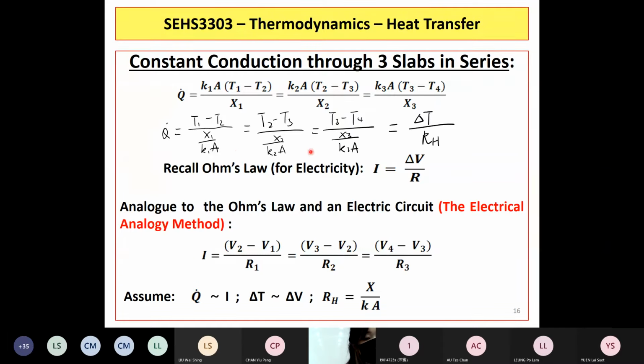So according to this equation, this thermal resistor equals X, the thickness, divided by the conductivity and the area. Right? We compare this equation to this equation.